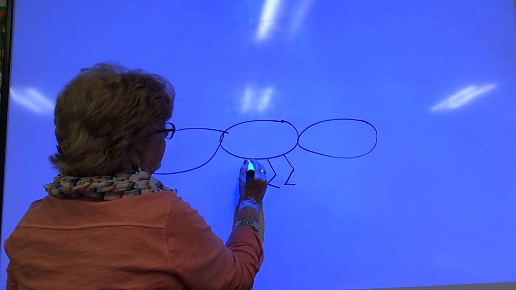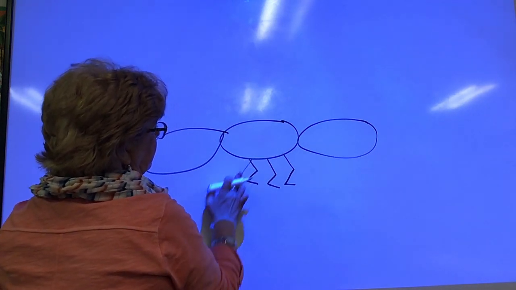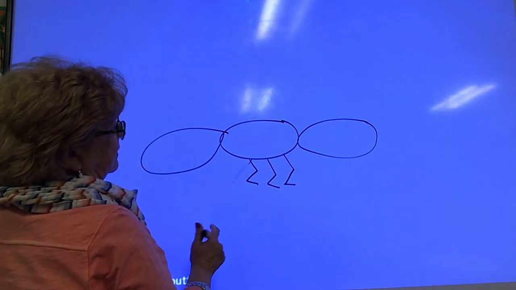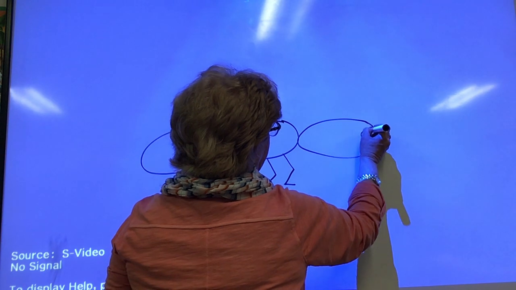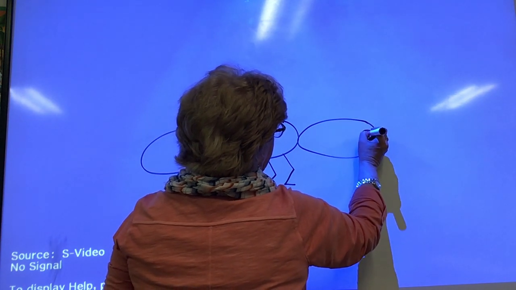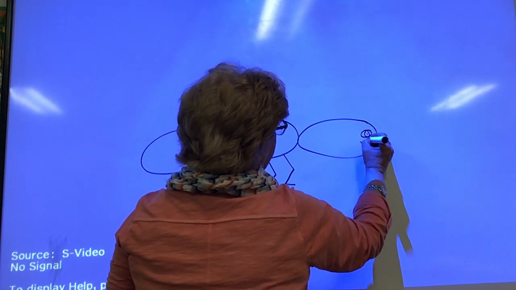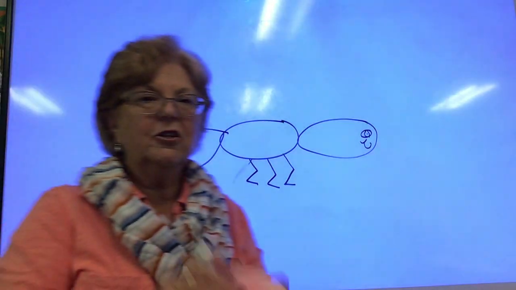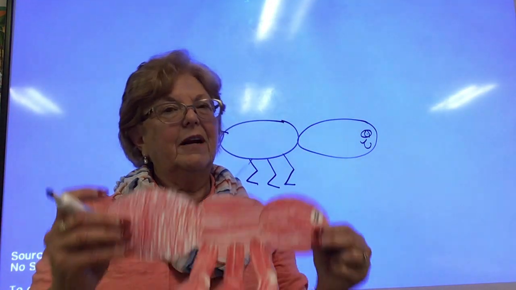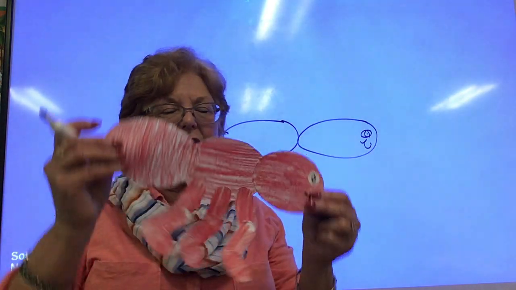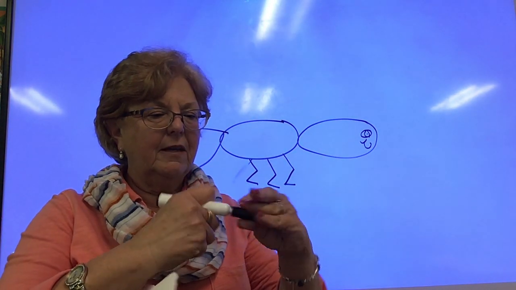See? And we can give him an eye. Hello. So see, if you don't have this, you can always draw one and color him in. But I do love these guys. So, hope you had fun doing that.